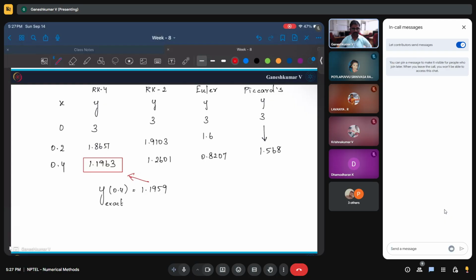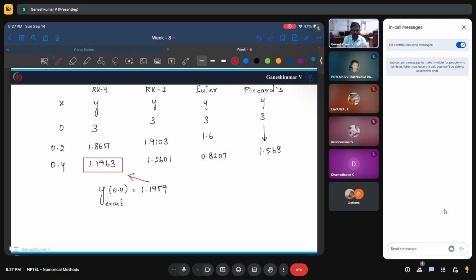We can also do the same thing for different methods like RK3. Although we don't know the exact formula, you can find it on the internet. There are also predictor-corrector methods. We can keep doing it. But after RK4, the gain in accuracy you're going to get is very less.